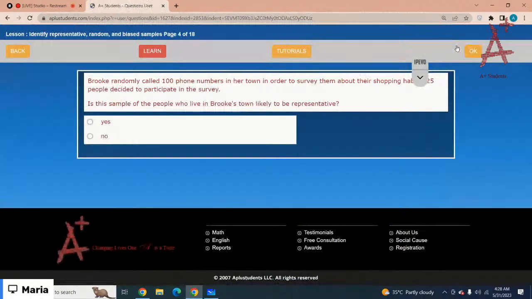Okay, Brooke randomly called 100 phone numbers in her town in order to survey them about their shopping habits. 25 people decided to participate in the survey. Is the sample of the people who live in Brooke's town likely to be representative? So, which is the correct option?